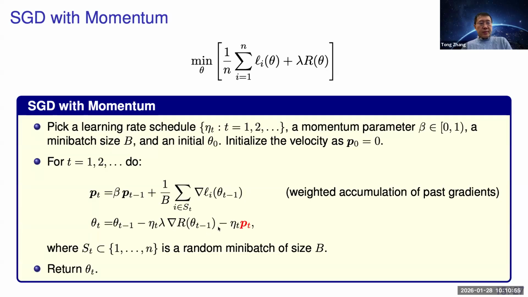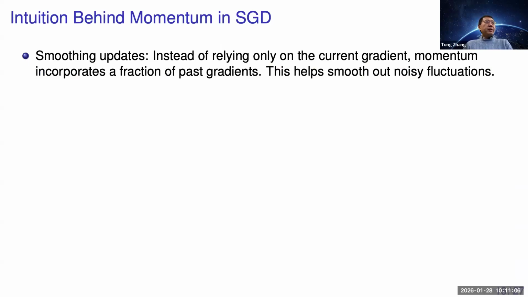So this is what it is, and there is some theory about it. You can build theory to say why it's useful and how it accelerates convergence. But basically, from a theoretical perspective, you interpret the theory to get the intuition of why it helps. It can be justified in theory. Instead of relying only on the current gradient, momentum incorporates a fast gradient average that smooths out the noise.